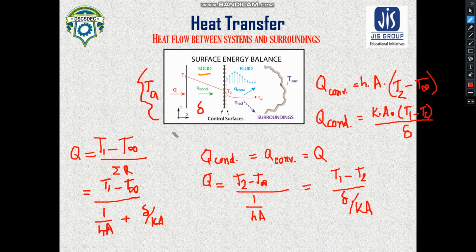With this understanding, when there is a case where combined convection and conduction is taking place, if we find the temperature at which one side of this wall is maintained and the other side at which is the final temperature after the convection, just get the difference of these two temperatures and divide it by the sum of thermal resistances.